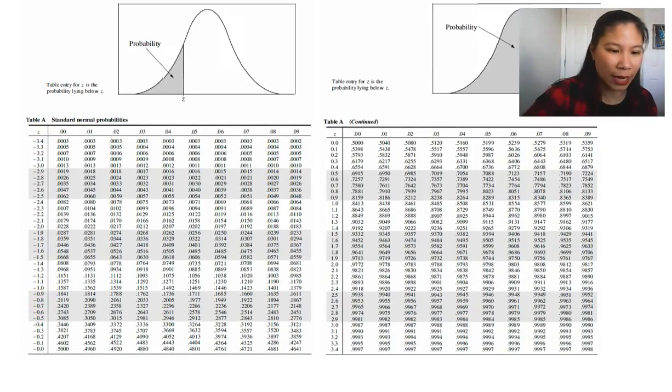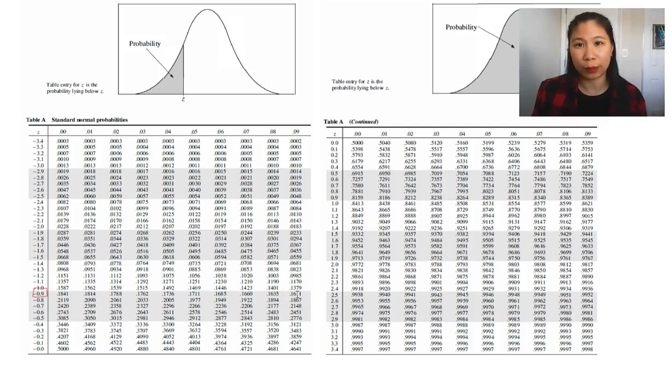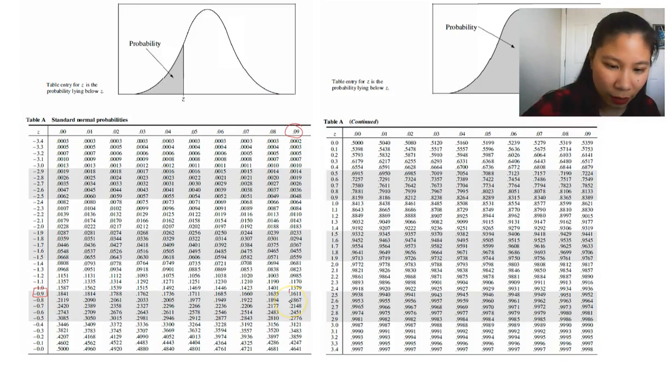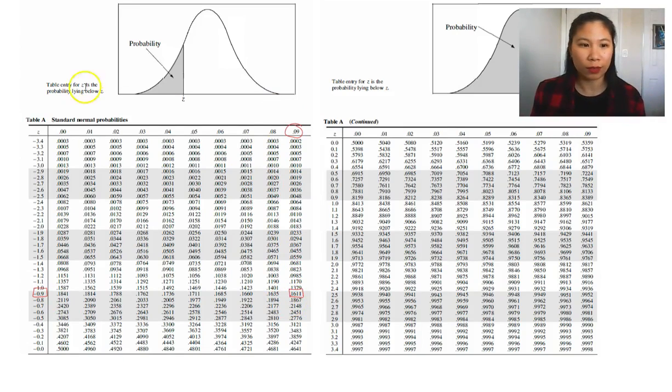Negative 0.9 is right here. And if you look at this entire row of numbers, all of these have to do with the first decimal place of negative 0.9. But our second decimal place was also a 9. So for negative 0.99, I'm going to crisscross this so that I end up with this decimal right here, 0.1611.